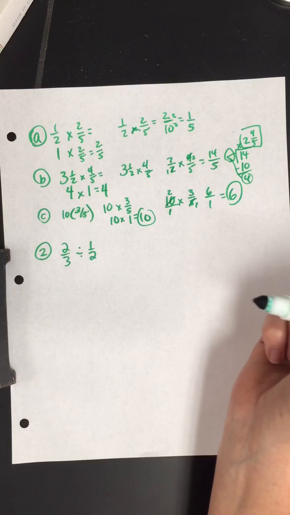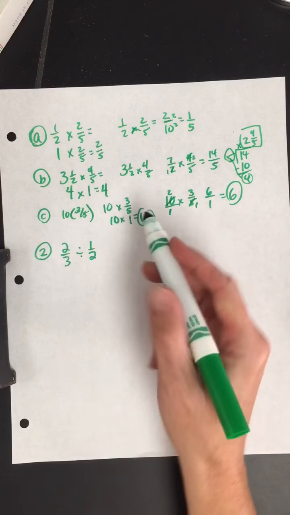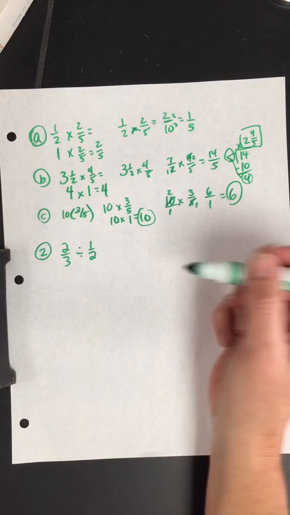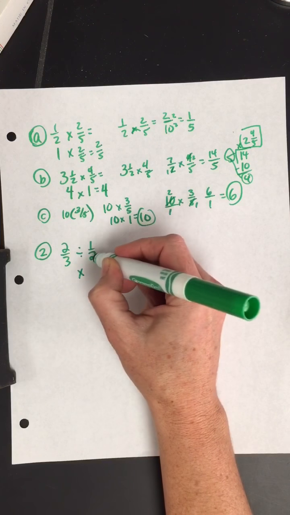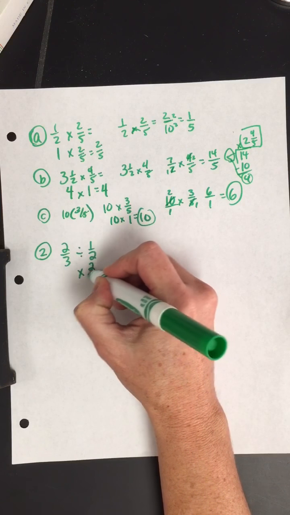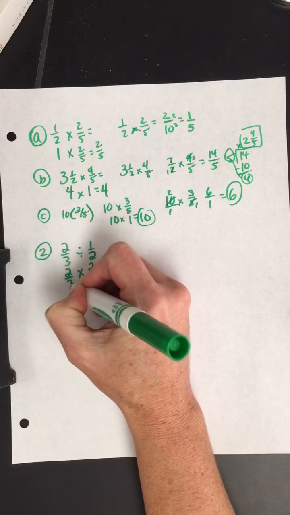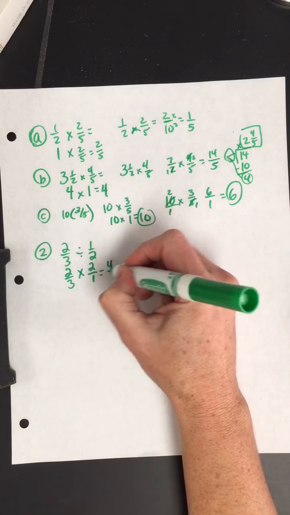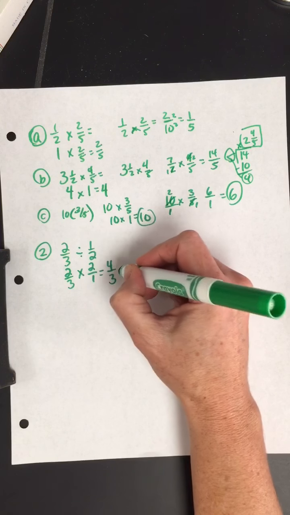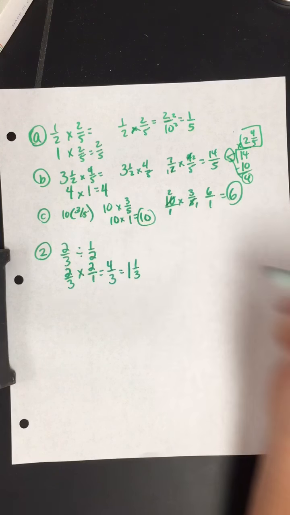We talked about a shortcut that we discovered in class, which we call reciprocal. To find the reciprocal, we change our division sign to a multiplication, and we flip our second fraction. The first fraction stays the same. So now I have 2 times 2 is 4. 3 times 1 is 3, which is 1 1/3.